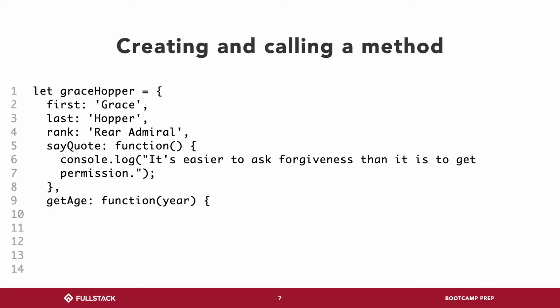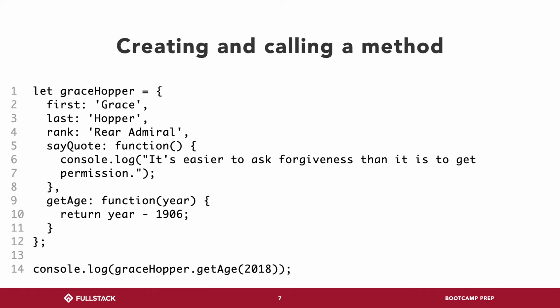Say quote, it's easier to ask forgiveness. Okay, whatever. So now we have a getAge, right? We have the same thing over here, and then we're adding another key, getAge, and we see that its value is the function keyword first, so we know that we're adding another method, right? This method takes a parameter, year, and it's going to return year minus 1906. So console.log GraceHopper.getAge, this was made in 2018.